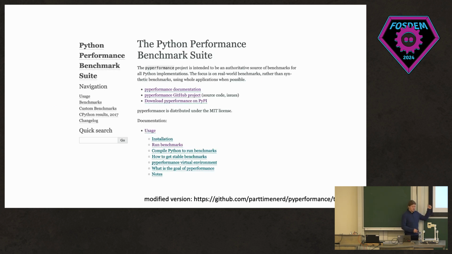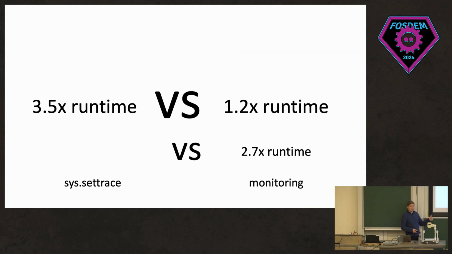So I use this Python benchmarking suite. That's quite representative. And what I found is that it's really, really fast. When you run all the Python benchmarks with sys.settrace on, you have a 3.5 times larger runtime. That's very slow.